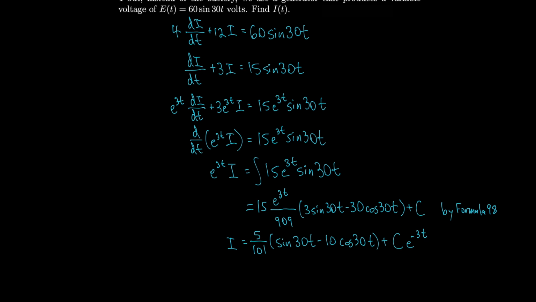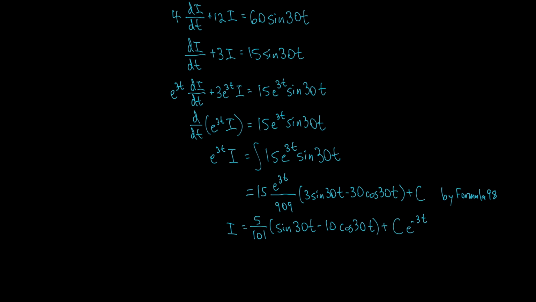We're actually supposed to solve this though using the initial value I of 0 equals 0, so we have I of 0 equals 0 telling us that minus 50 over 101 plus c must be equal to 0, because when you plug in 0 for t, notice that sine of 0 is 0. So you just end up with 10 times the cosine of 0, which is just 10. So you get minus 50 over 101, and then this just becomes 1 when you plug in 0.